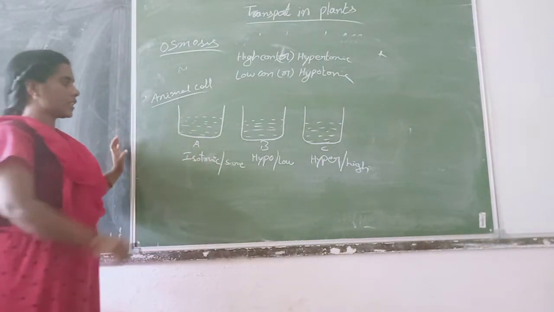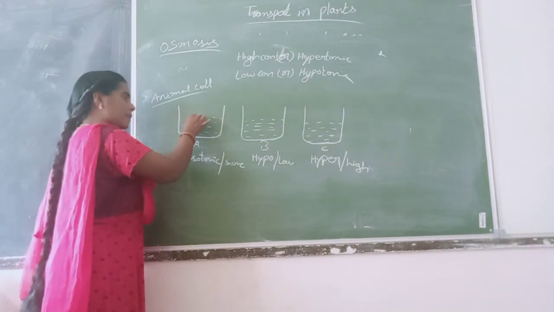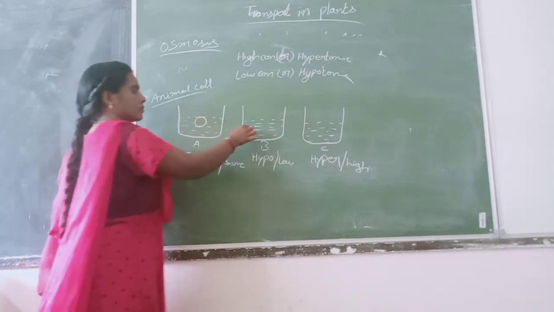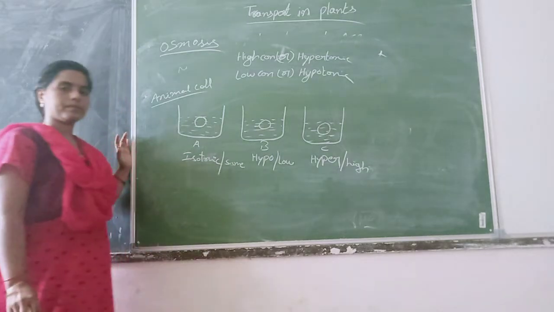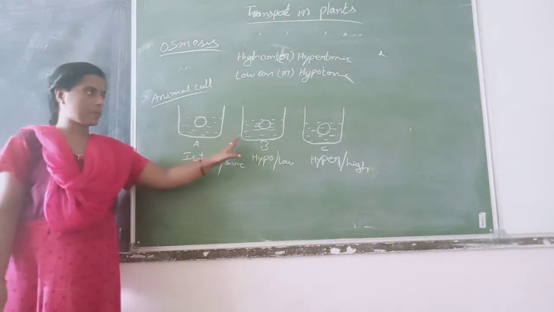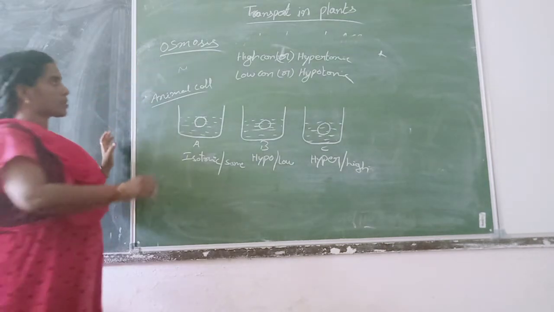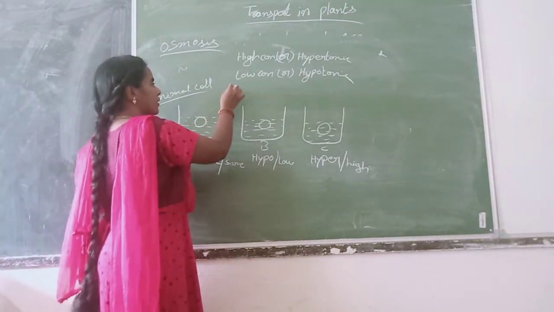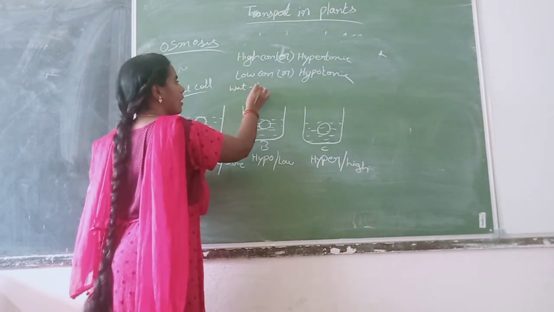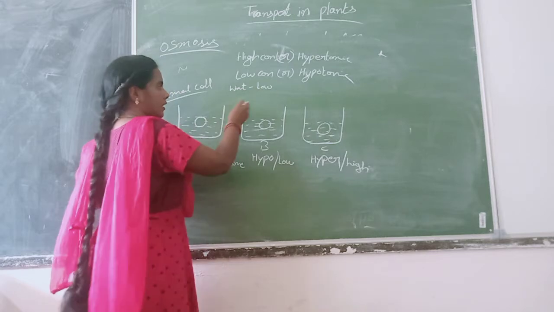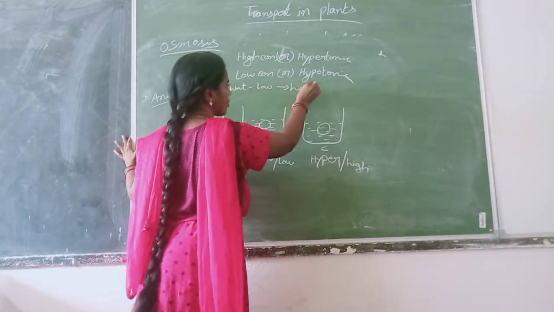In these three types of solutions we are going to place an animal cell. What changes will take place in this? We said already that in the osmosis process, movement of water takes place from low concentrated solution to high concentrated solution.